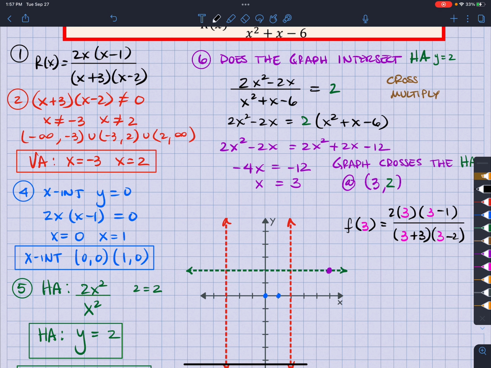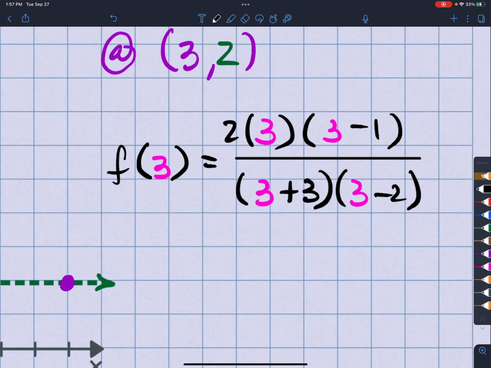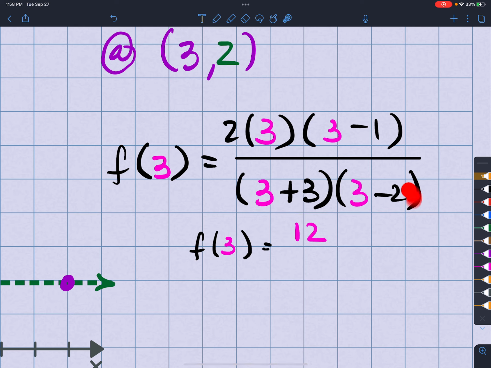Okay, so let's see here. What is that going to give me? So f of 3 is going to equal, the top is 6 times 2, because 2 times 3 is 6, and 3 minus 1 is 2, so 6 times 2 is 12. Down here, 3 plus 3 is 6, times 1, so that's 6.